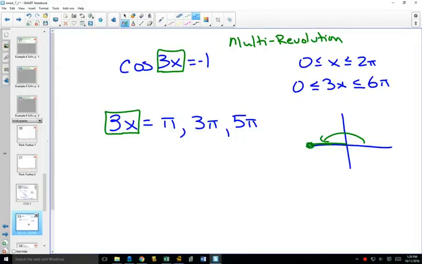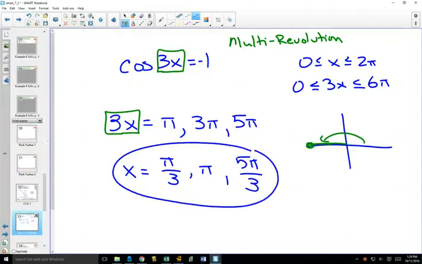And we haven't done that yet, because we found out that 3x was equal to pi, 3 pi, and 5 pi. If we want to find out what x is, we're going to have to divide each of these by 3. So there we have our answers between 0 and 2 pi. The question said find the general solution. Well, how do you do the general solution?